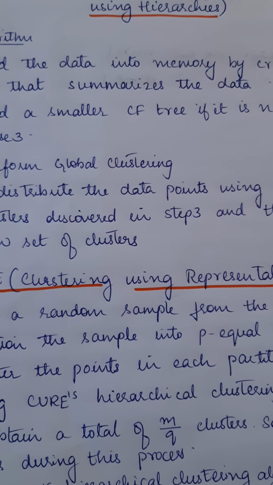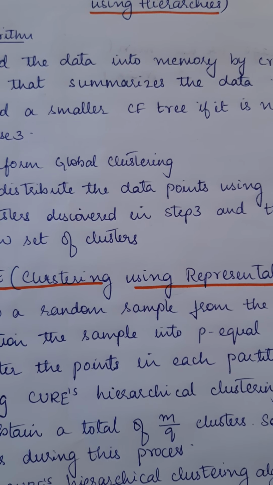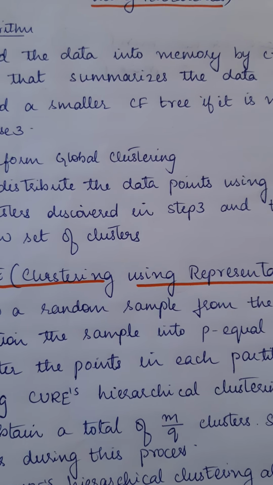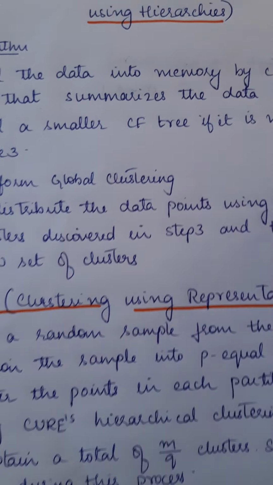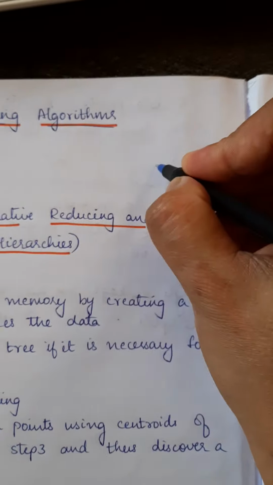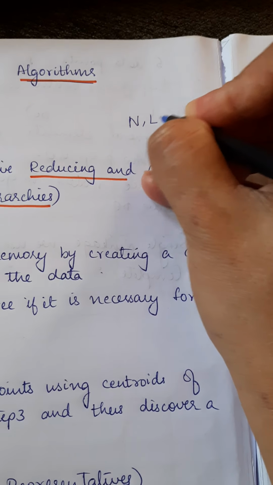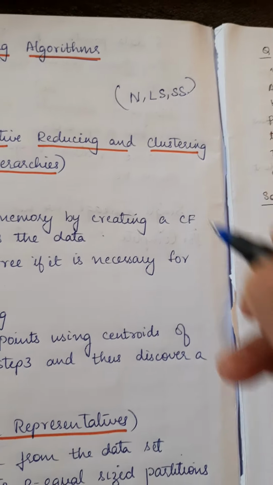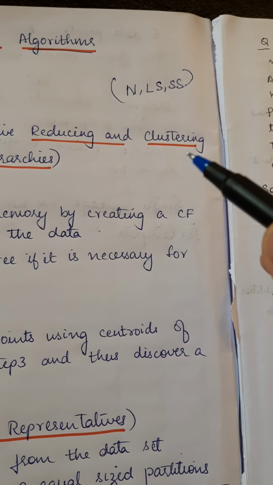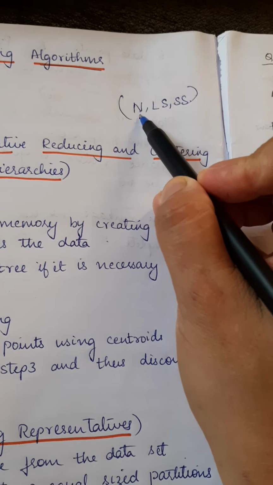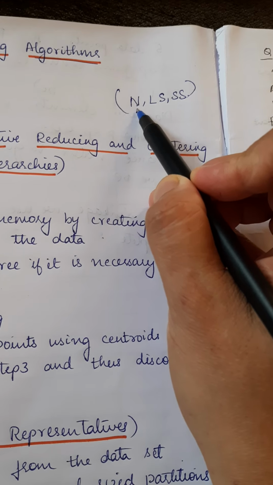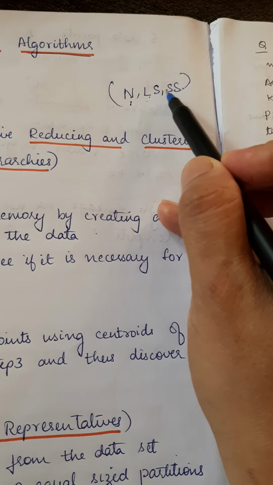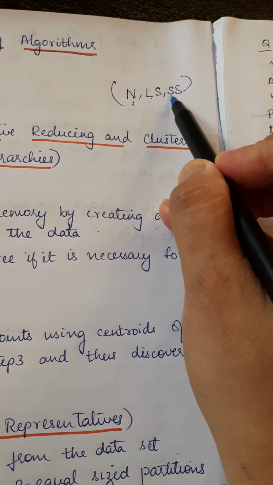Here the idea is that a cluster of data points can be represented by a triple of numbers: N, LS and SS. N is the number of points in the cluster, LS is the linear sum of the points, and SS is the sum of squares of the points.